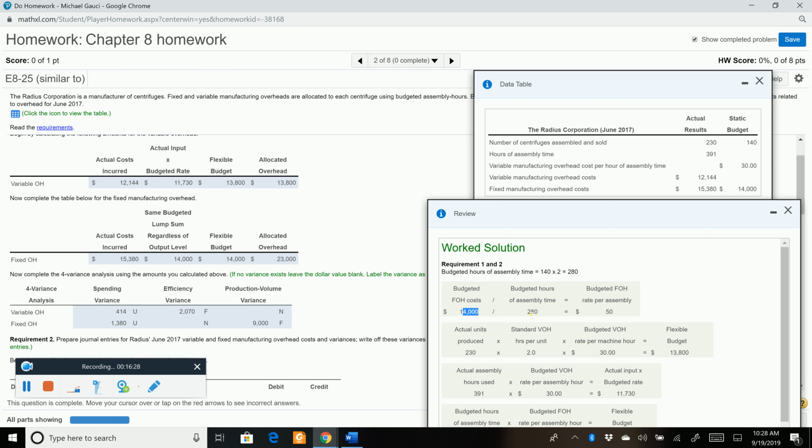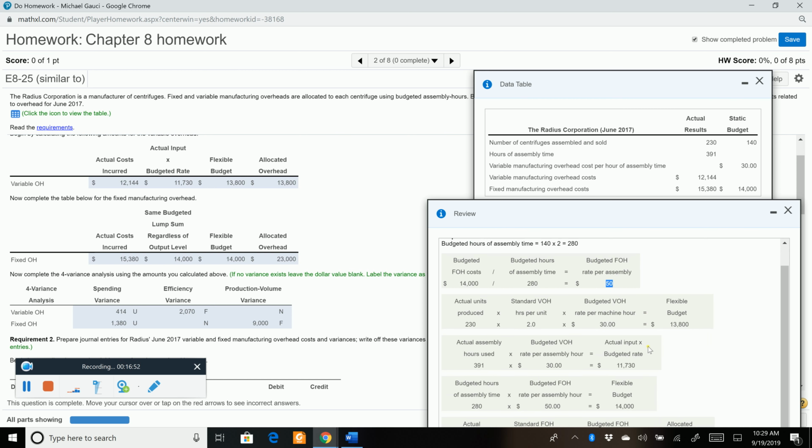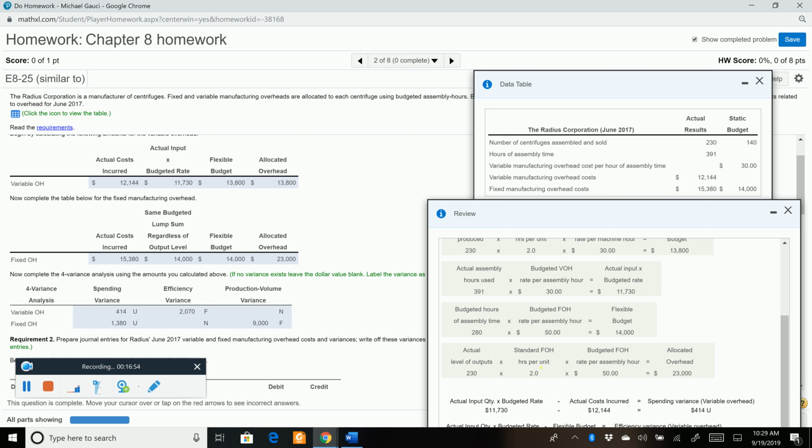The 280 is the budget for the number of hours that I was expecting to spend on making these 140 units. That's where you get your $50 an hour. And that $50 an hour is a key number, because that is the rate that we're going to use when we start to apply the fixed overhead to the accounts. And so we're going to start to flex it to the actual level of activity.